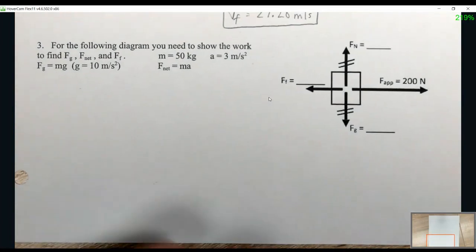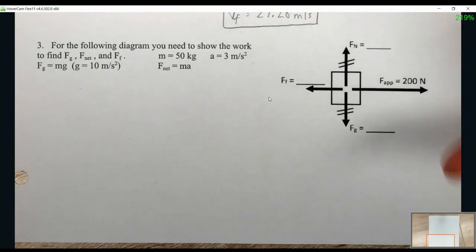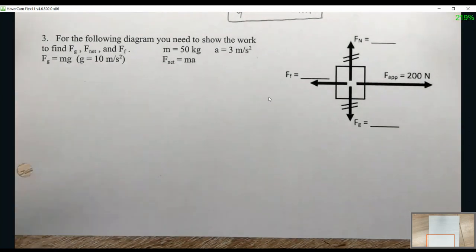This one combines Newton's second law. It combines balanced forces. It's talking about equilibrium. And we have a bunch of things involved here, free body diagrams.